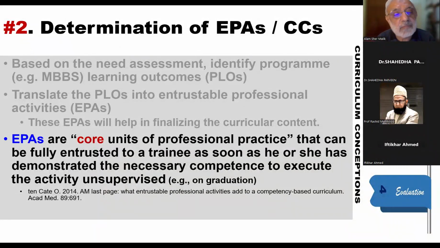Here is a definition of EPA, what we mean by EPA, and this is really an excellent definition. So EPAs are core units of professional practice, some activities, some actions, some procedures, core units of professional practice that can be fully entrusted to a trainee as soon as he or she has demonstrated the necessary competence to execute the activity unsupervised.